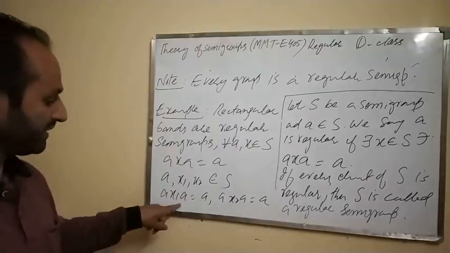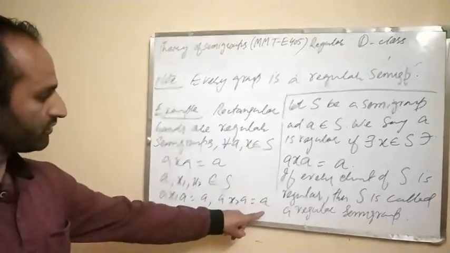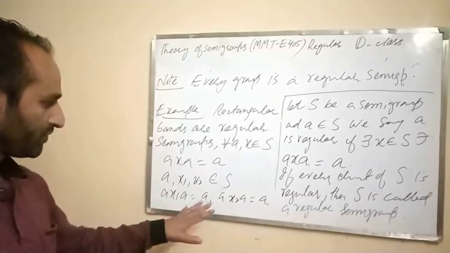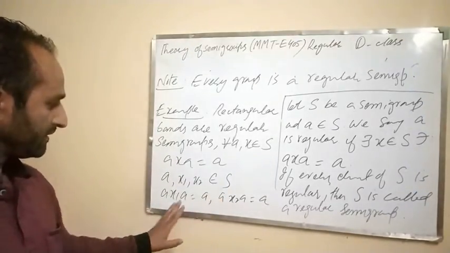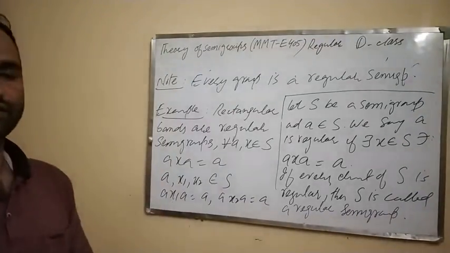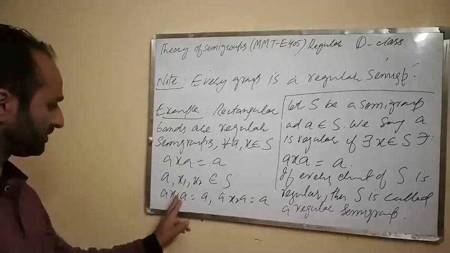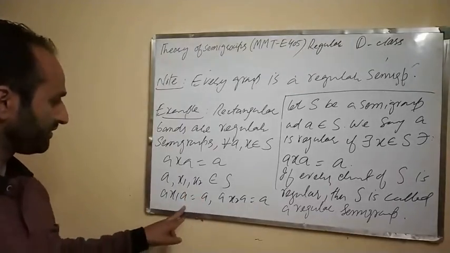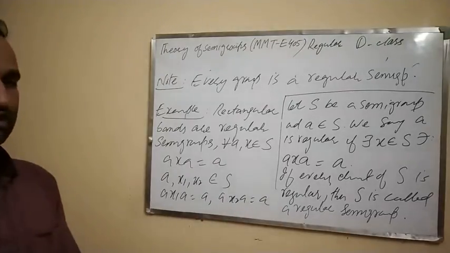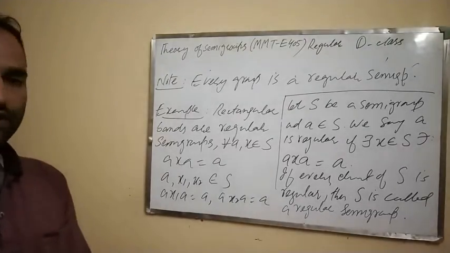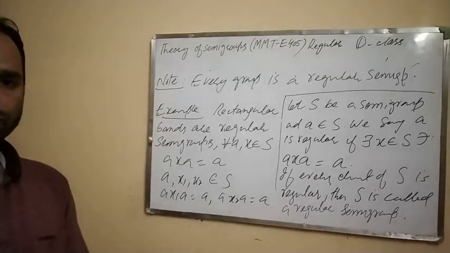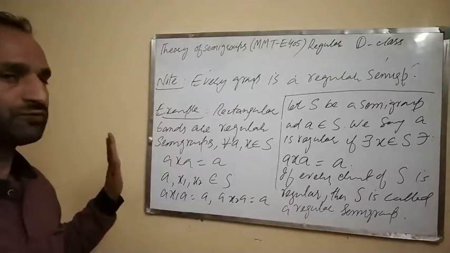If it were a group, then x1 should be unique, because in case of groups it is actually the inverse of a. We can cancel out the a here: a x1 equals identity, a x2 equals identity. So that means x1 and x2 are both inverses of a. But we know that in groups every element possesses a unique inverse, so it cannot be a group.